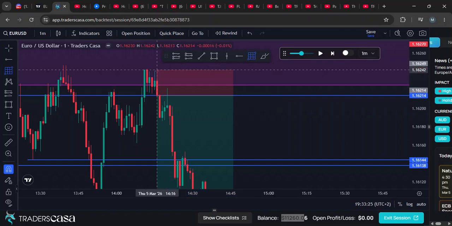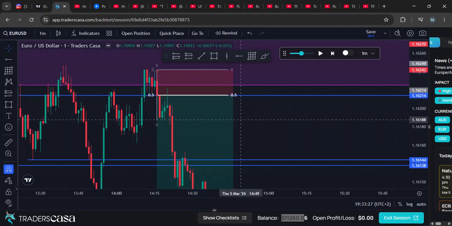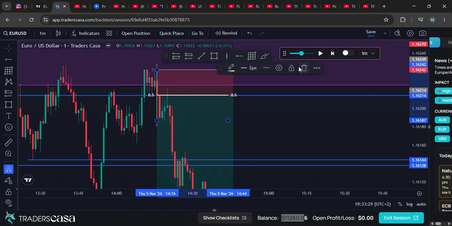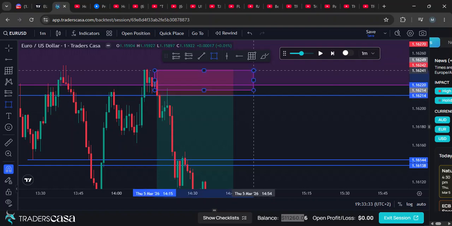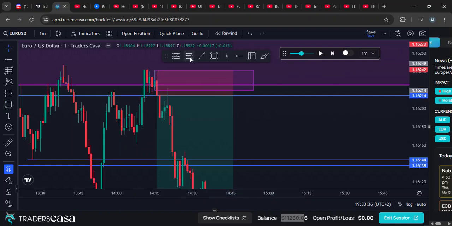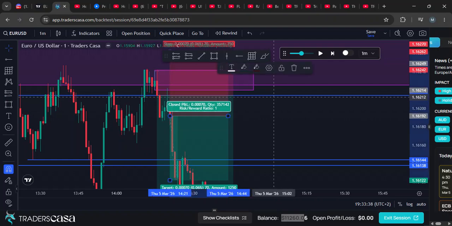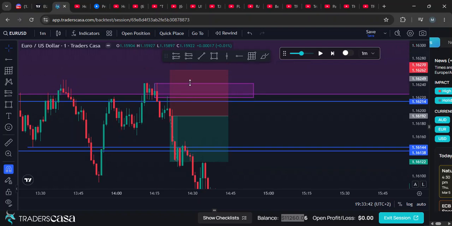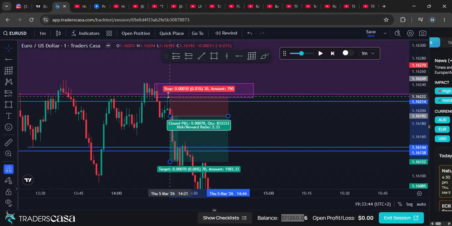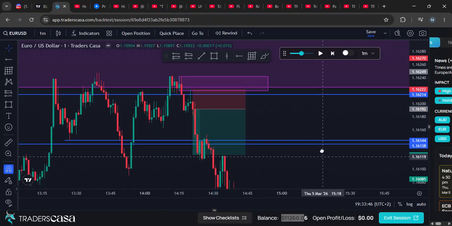Then you had 50% of this little drop that caused a reaction, and on top of that, you had the bottom wick of this POY that you could have entered and had your trade here, and it would also be a nice trade where after all your confluences, you set it up there.